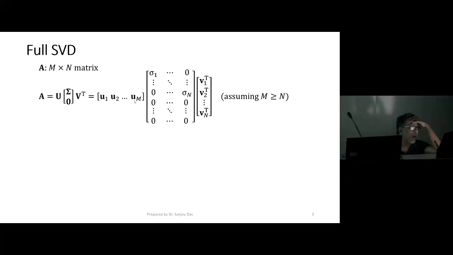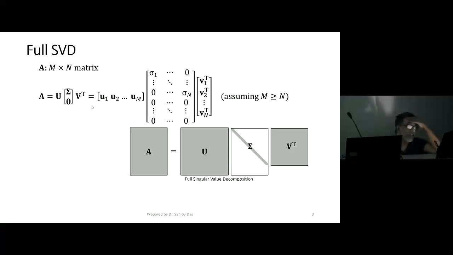U1 through UM are the columns of the matrix U, and V1 through Vn are the columns of the matrix V. This is the matrix A. This is the full singular value decomposition.